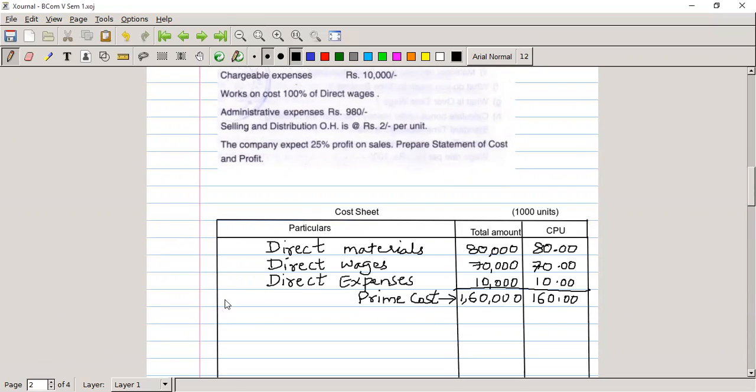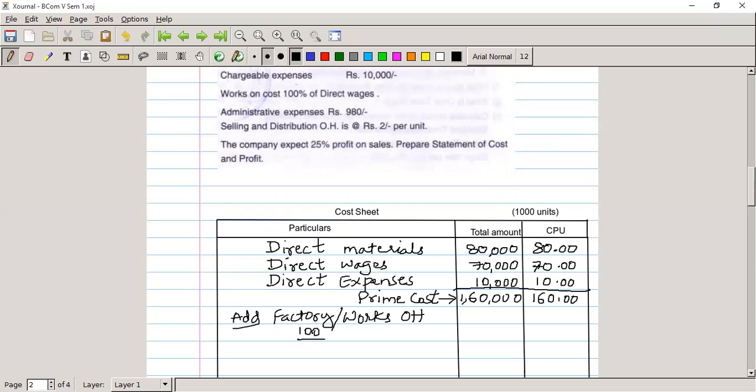So add works overhead. It's given as 100% of direct wages.